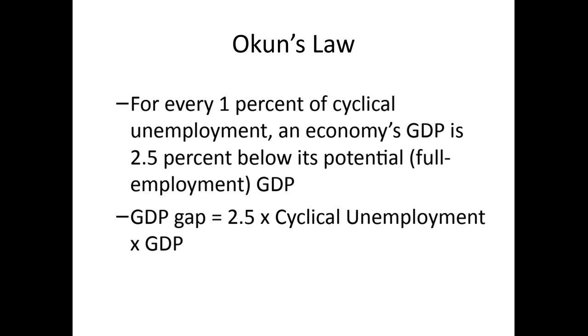So Okun's law simply shows that for every 1% of cyclical unemployment, so if we have 1% cyclical unemployment in the country, an economy's GDP is 2.5% below its potential GDP.